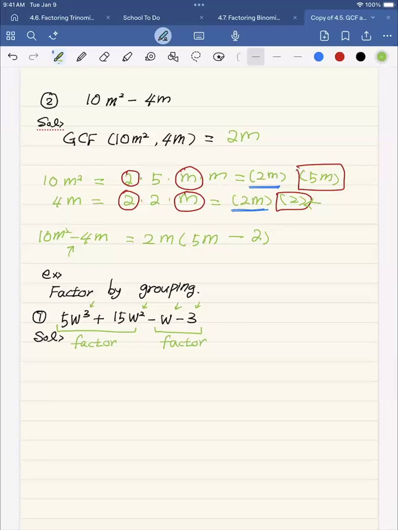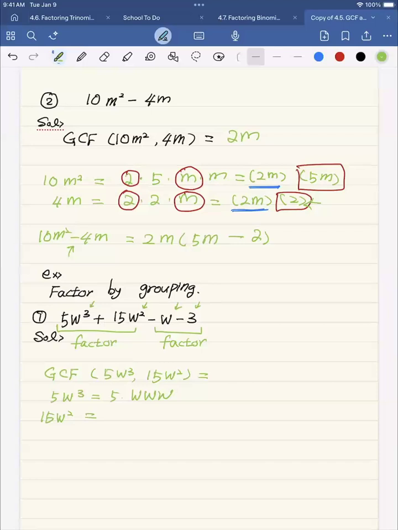From the first two terms, GCF of 5W cubed and 15W squared will be, if you can go faster, then you can go faster. You don't have to go through this step.